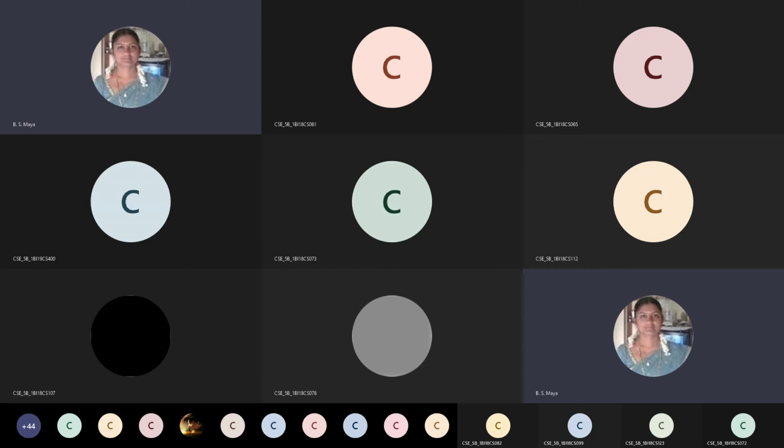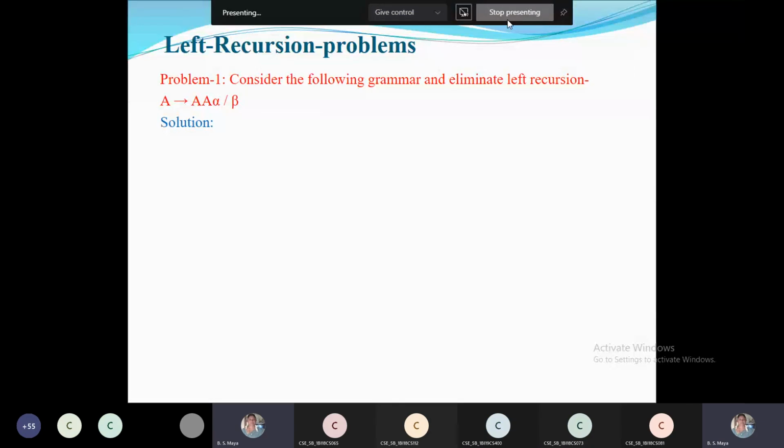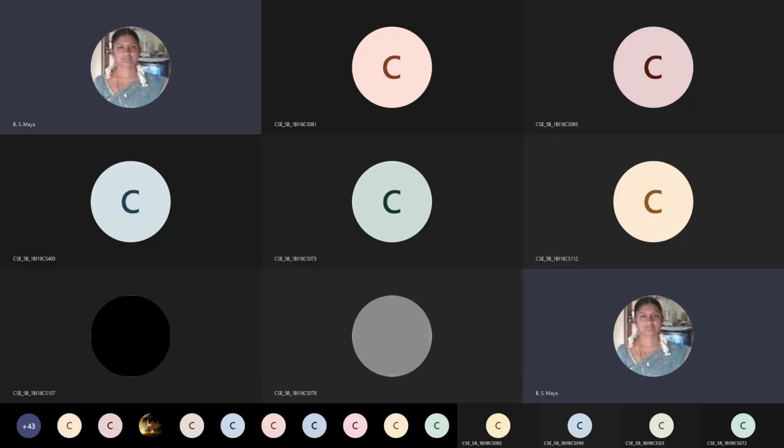I will give some problems, can you solve? Okay, can you copy down this one? I did 8. Can you copy down 9 and 10?